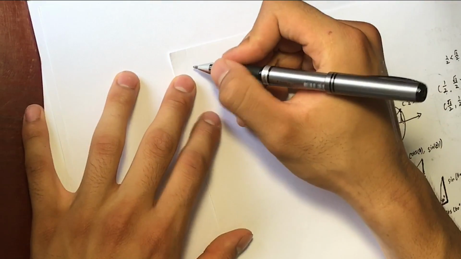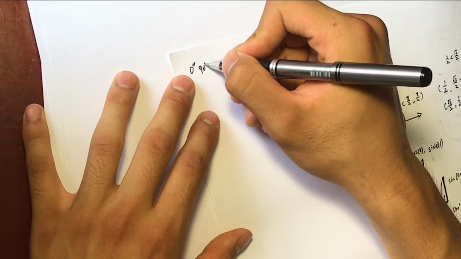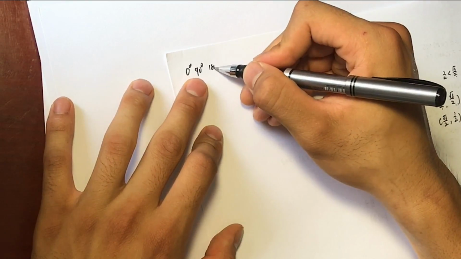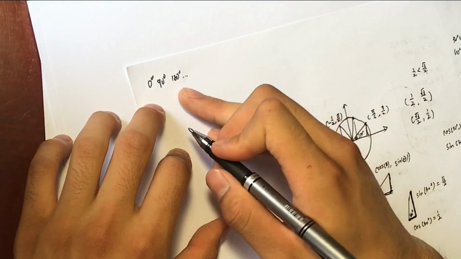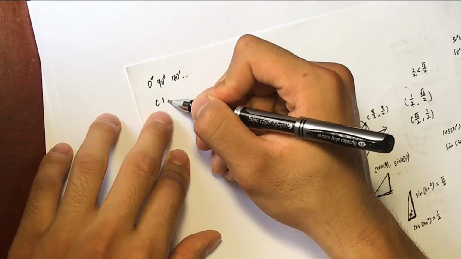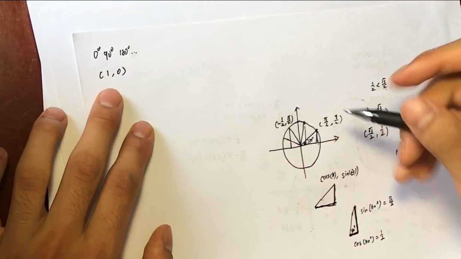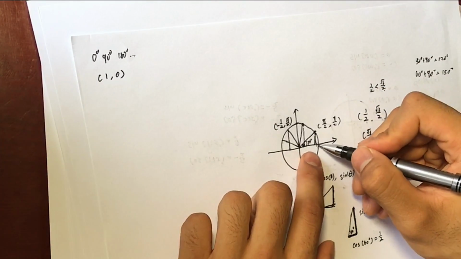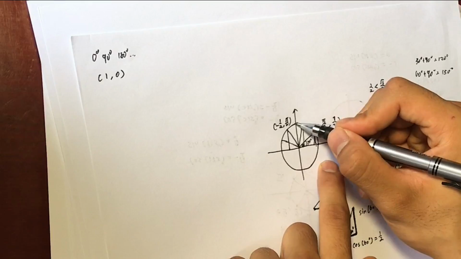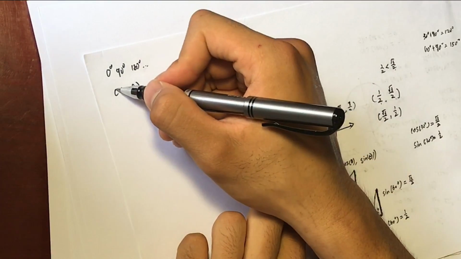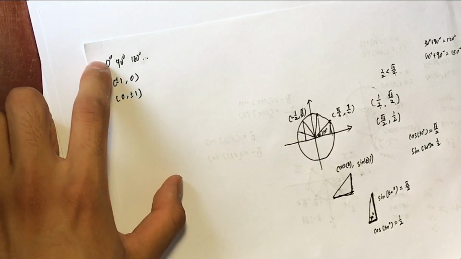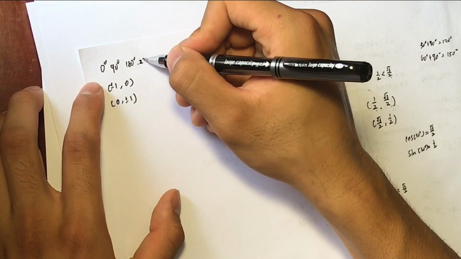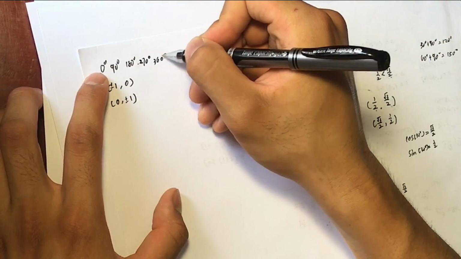All right, let's recap. 0, 90, 180, 270: these angles can only be either 1 or 0, and you can just draw them on the unit circle. The coordinates are 1, 0; 0, 1; negative 1, 0; 0, negative 1. So these four values, including 270 and 360, which is 0 degrees.